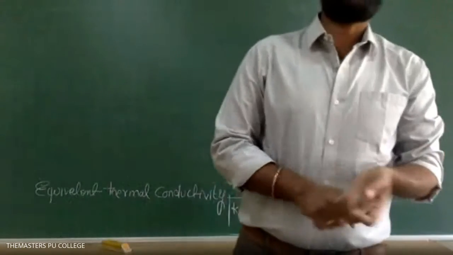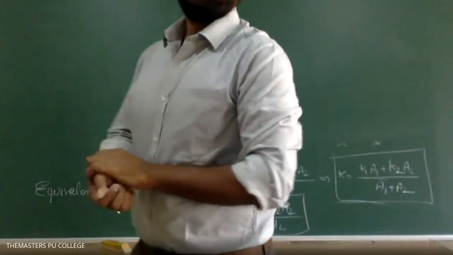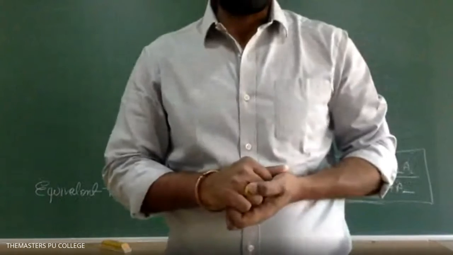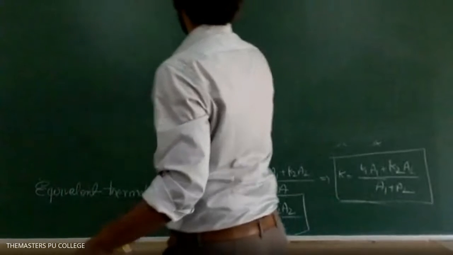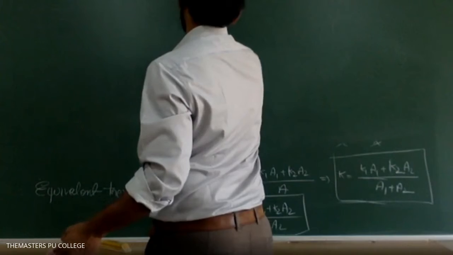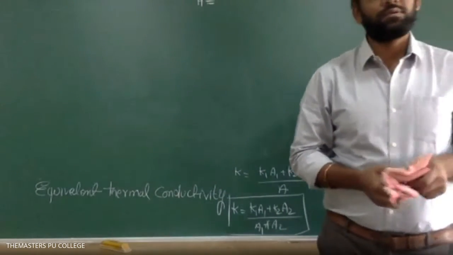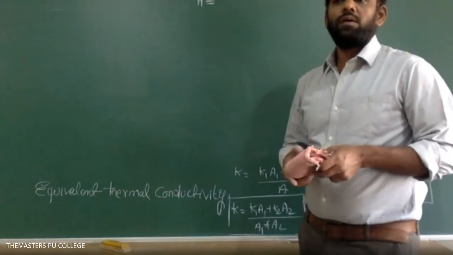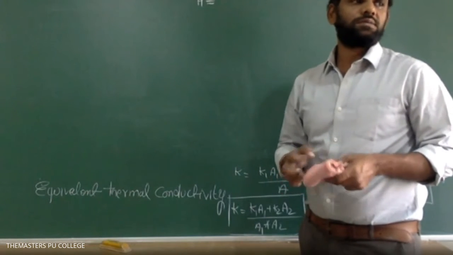In parallel combination, the net flow of heat is equal to the sum of the heat flow in the conductors.